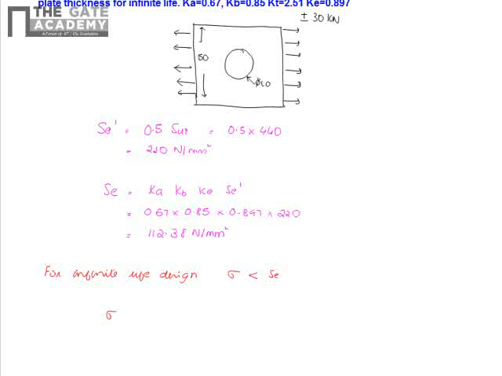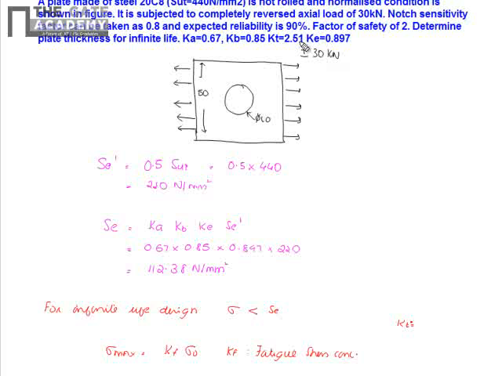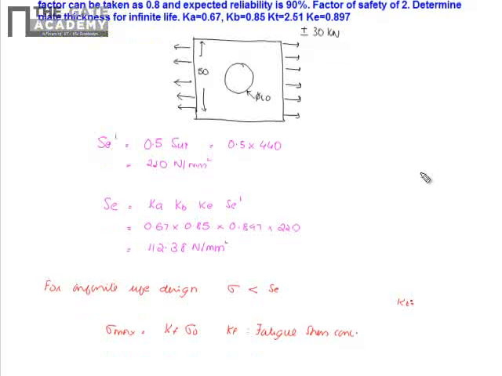Now what is the maximum stress in the body? Maximum stress is given as Kf into sigma naught, where Kf is the fatigue stress concentration factor. So what is the value of the fatigue stress concentration factor? We know that the theoretical stress concentration factor Kt is 2.51 and the notch sensitivity q is 0.8.